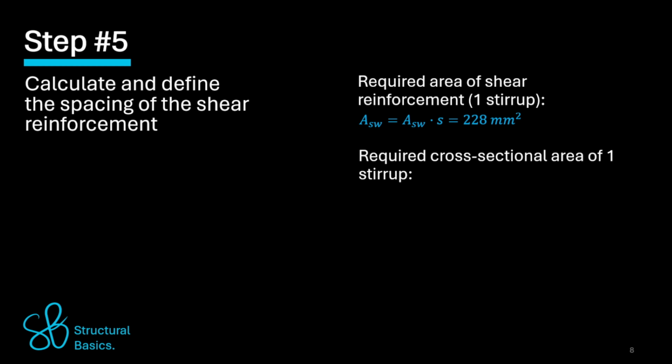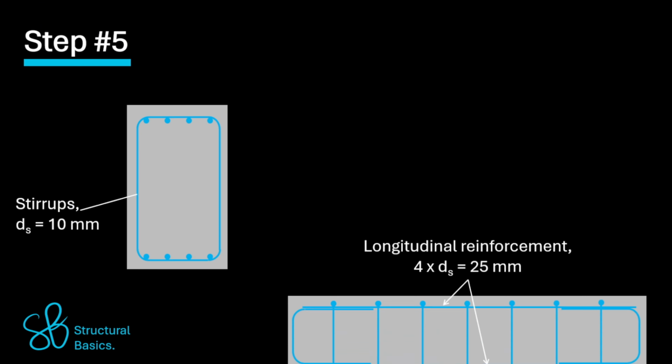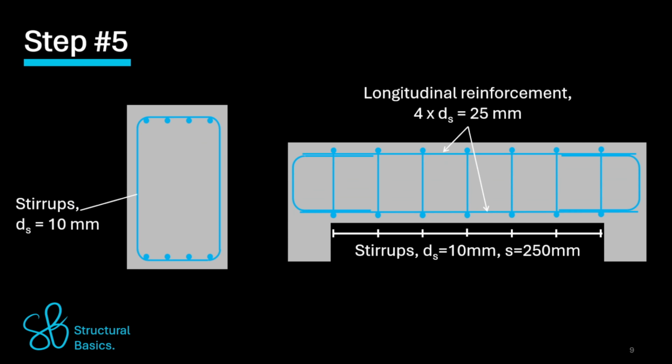The required cross-sectional area of one stirrup is therefore 414 square millimeters because one stirrup has 2 vertical rebars, and the required bar diameter is therefore 6.8 millimeters. Now we can draw up the cross-section and the beam with the shear reinforcement, which are stirrups.